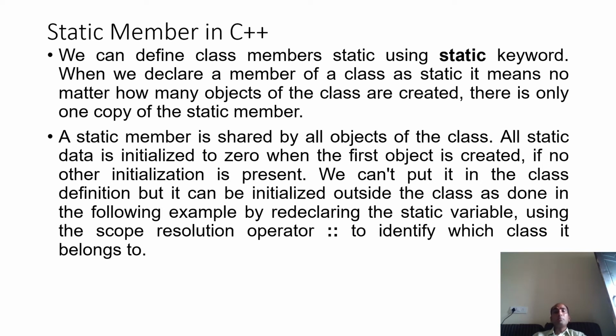They allocate memory for the entire class once, and this memory can be used by every object. I'm repeating again, a static variable does not allocate memory for individual objects separately. It allocates memory only once and is shared by all the objects regardless of the number of objects.